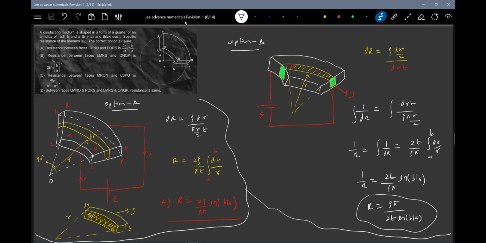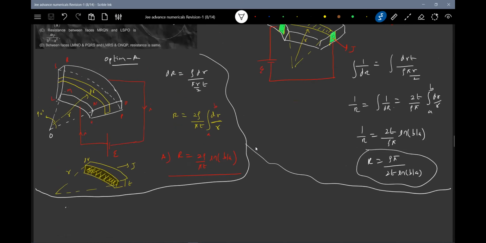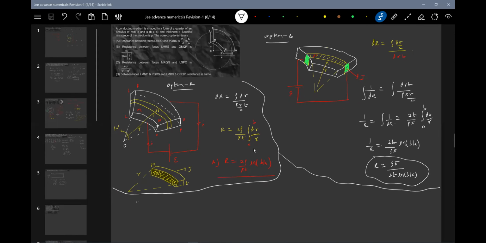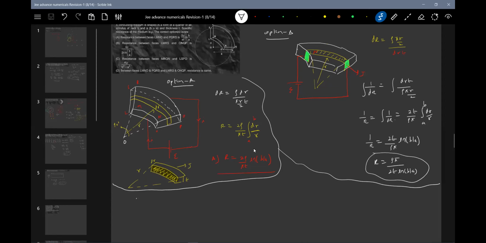We have to assume an elemental structure. So what should be that elemental structure here?